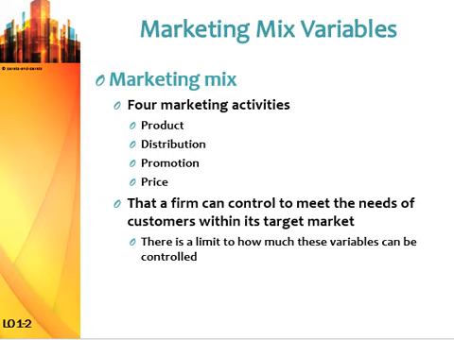Some of these Ps change maybe once a year or once in a few years, but some can be changed monthly, weekly, even daily. Why do we do that? So that a firm can control them to meet the needs of customers within its target market. There is a limit to how much these variables can be controlled, of course.